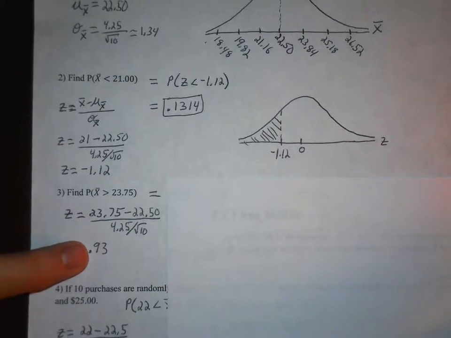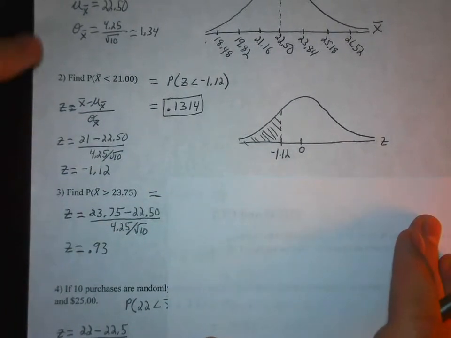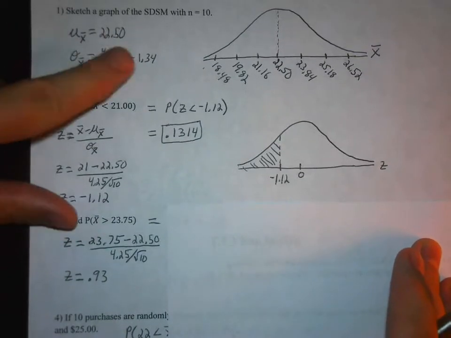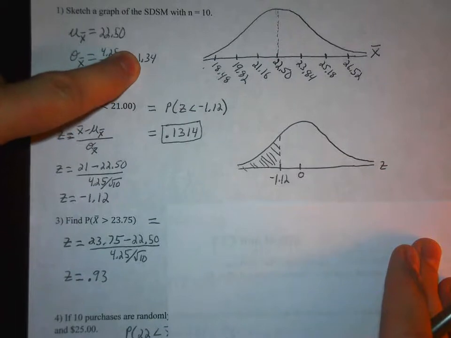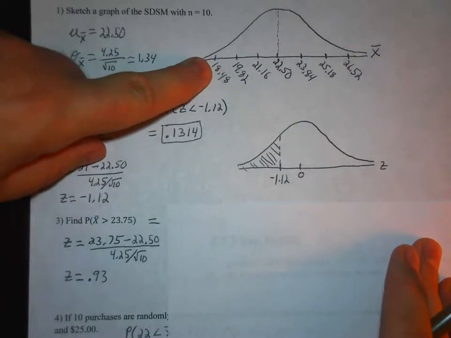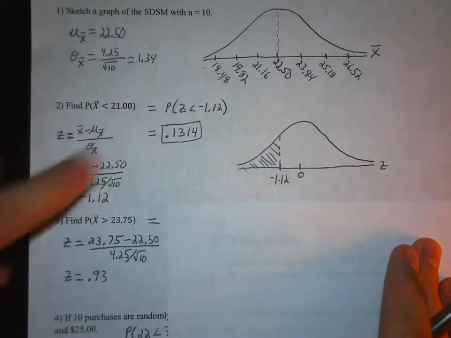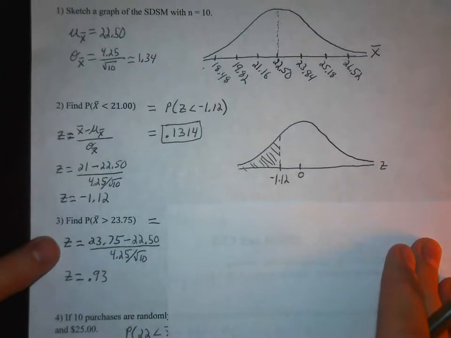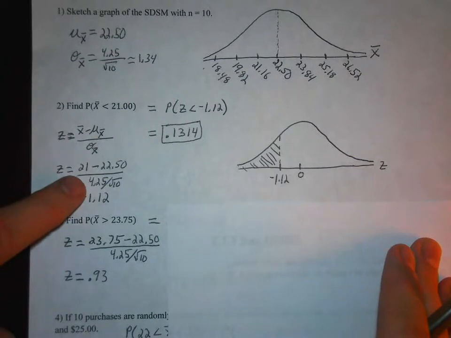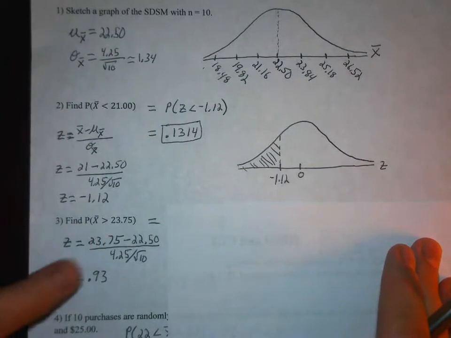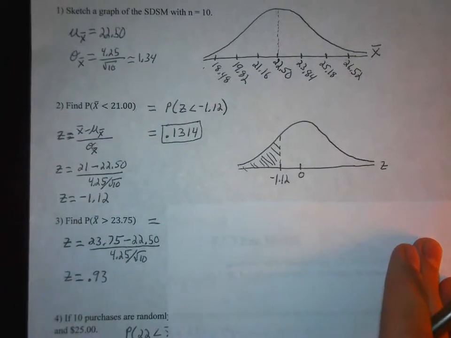I will point out that in the first part up here, we said sigma sub X bar was 1.34. The only reason I did that was so I could round it and label it on the axes. When you find your Z-scores, you don't want to round until you get to the Z-score. So don't use 1.34 in the denominator here. Use 4.25 over the square root of 10.